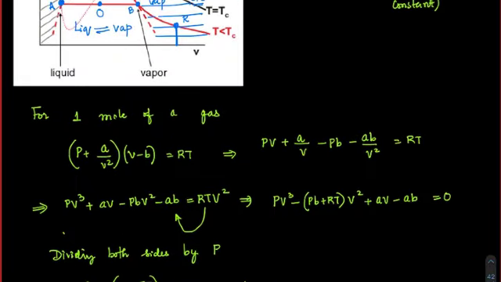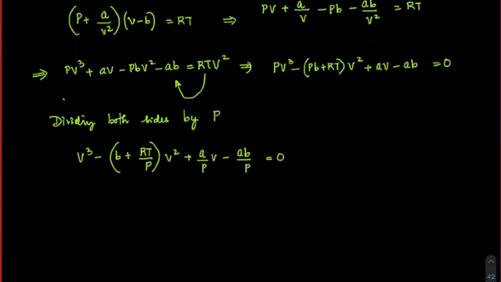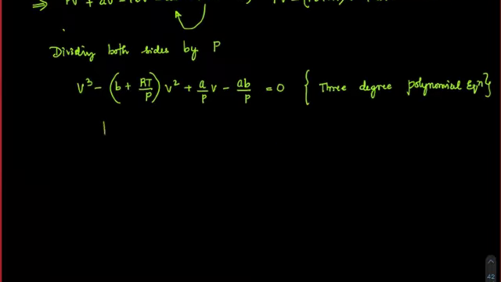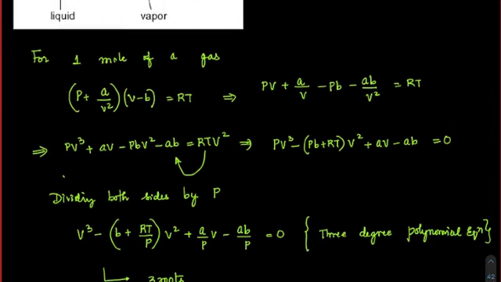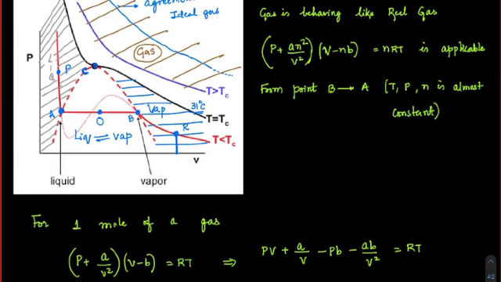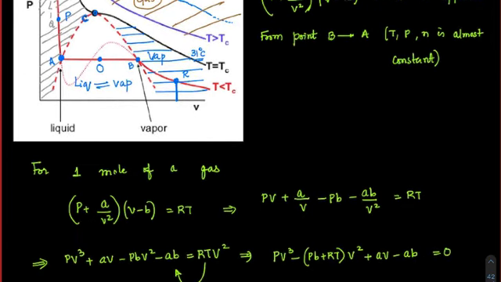Now if you observe this, this is actually an equation of a 3-degree polynomial. It must have 3 roots, correct? Got it? Either 2 imaginary and 1 real, or all 3 real. So now between A to B, it may definitely have 1 root for sure, maybe the other 2 are imaginary.